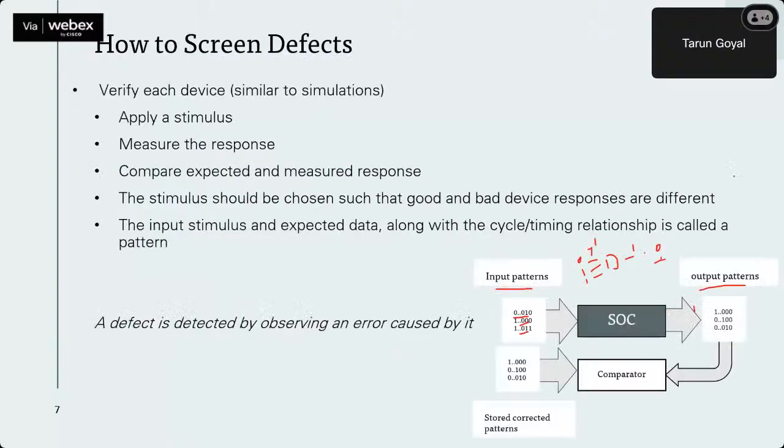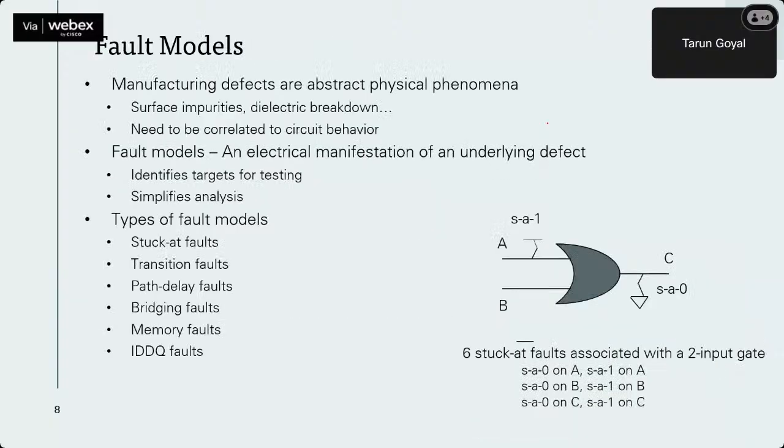We generate patterns in such a way that we determine these defects. Now coming to the fault models, three of which we were talking about: stuck-at, transition, and IDDQ. During manufacturing, an impurity can be a dielectric breakdown. We need to correlate this with the circuit behavior.